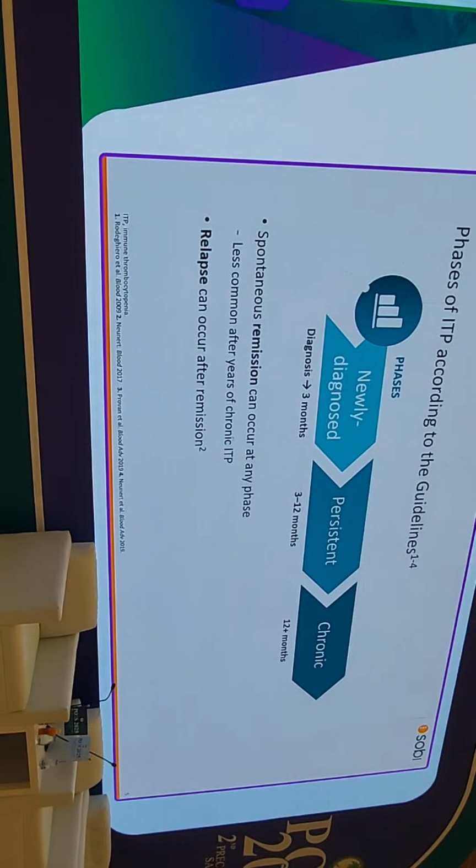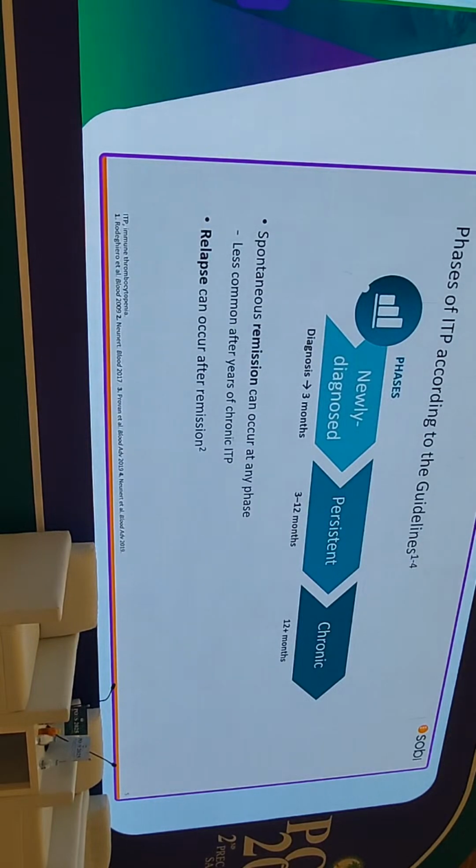From 3 to 12 months, it's persistent thrombocytopenia; it's the time you do other workup, but you have to treat. If it is either relapsing or persistent after 12 months, it's chronic ITP. And that's the area where currently they approve TPO agonists in this treatment.